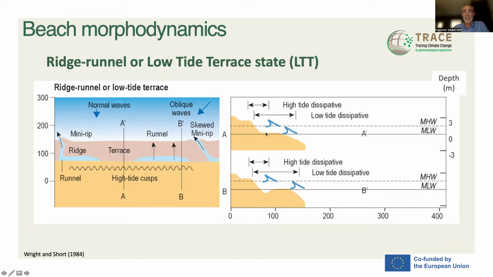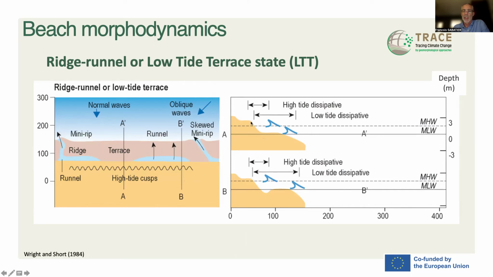The terrace is this part, a very horizontal part represented here. At high tide, waves break closer to the beach, and reflection processes may become important. When the water level is high, close to this part, there is more reflection.